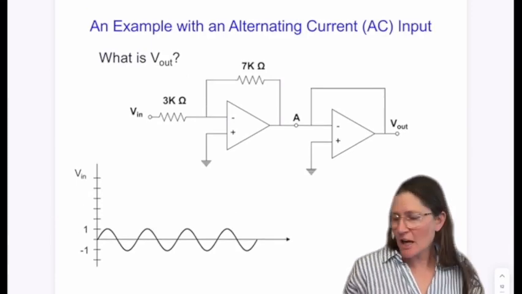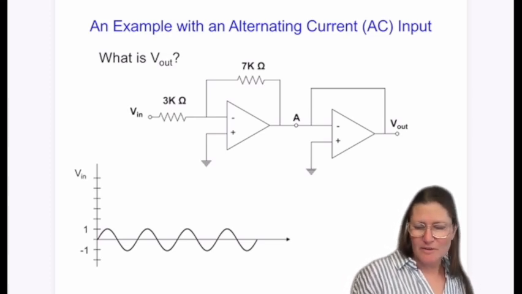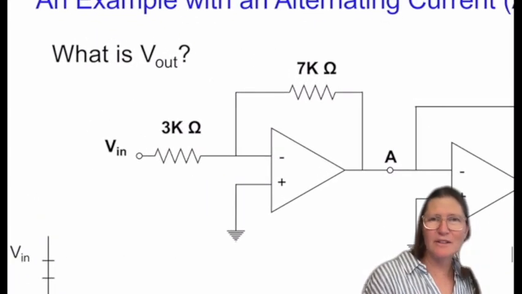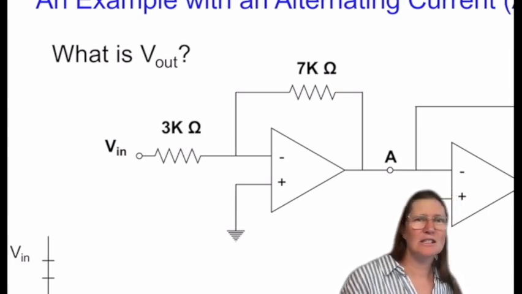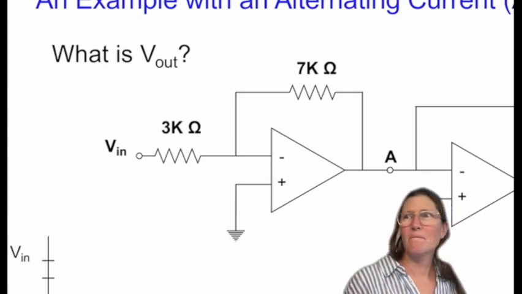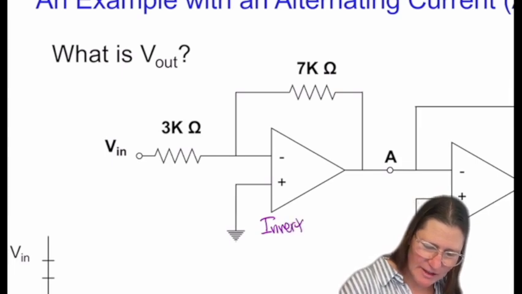Okay, so moving to AC. First off, what is the output of this first amplifier? What kind of configuration is this? Great, inverting, correct. What is the second amplifier?